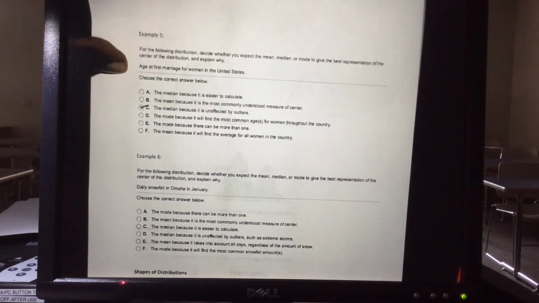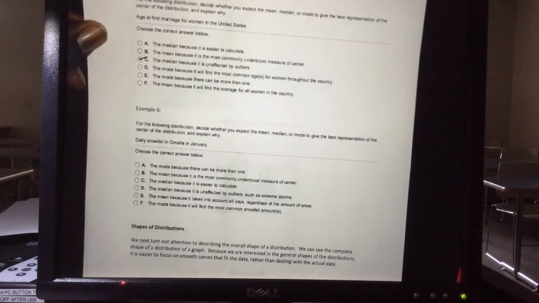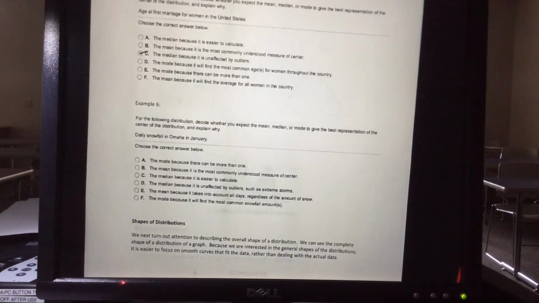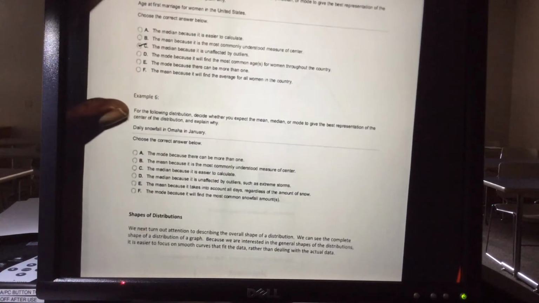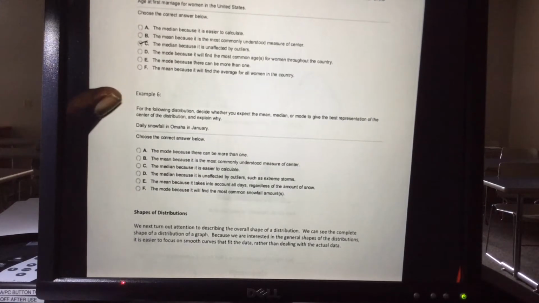Okay. All right, the next example, daily snowfall in Omaha in January. Will we expect the mean or the median or the mode to give the best representation of the center of the distribution? Okay.